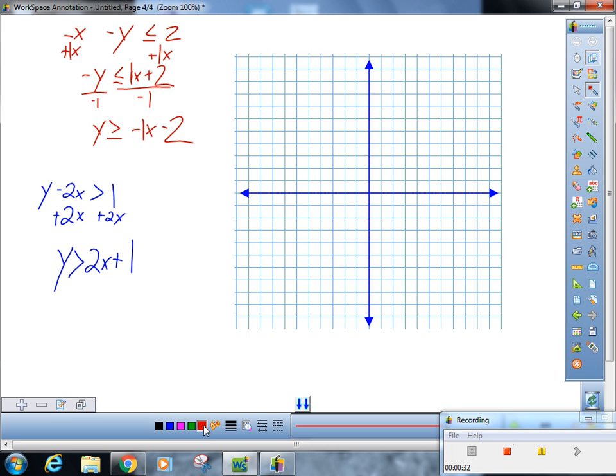All right, red equation. What's the y-intercept? -2. What's the slope? -1. So I have to go down to the right. I go down 1 each time. This is going to be a filled-in line.